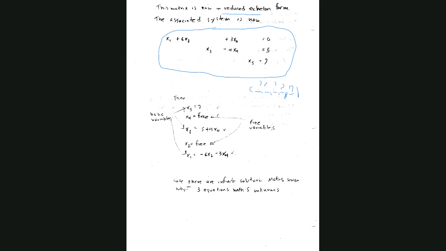But here, it's going to be easier to solve for x5 and then work down to x1. So x5 is 7. I think we all agree on that. Do you agree that x3 would have to be equal to 5 plus 4 times x?